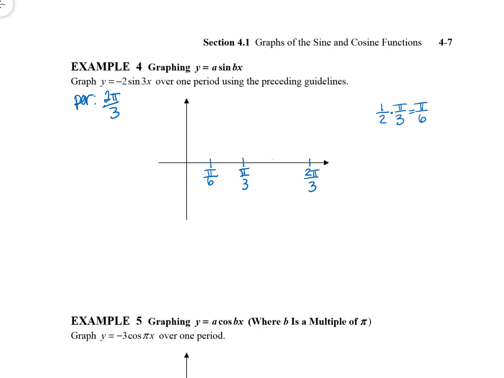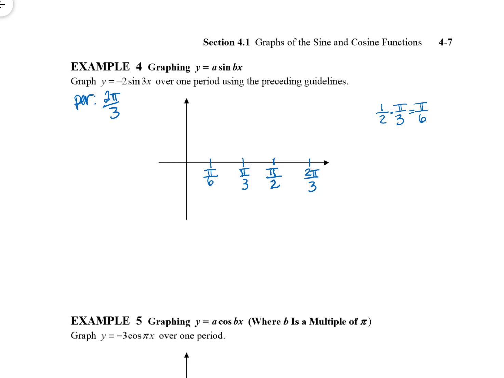To figure out the fourth key point, we can think of this as adding pi over 6 each time to get there. So we have 1 pi over 6, 2 pi over 6 is pi over 3, 3 pi over 6, that reduces to pi over 2, and then 4 pi over 6 is our final key point.